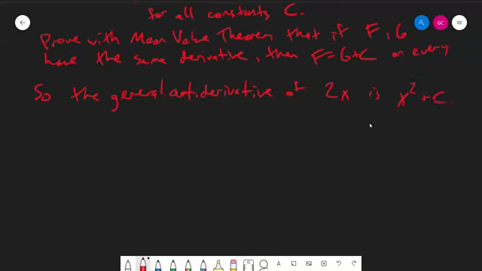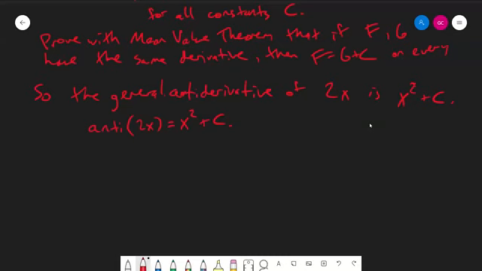And I'm going to write that using some unconventional notation for now. I'm just going to write anti of 2x is x squared plus c. Our goal is going to be to figure out how you can take the antiderivative of various functions.